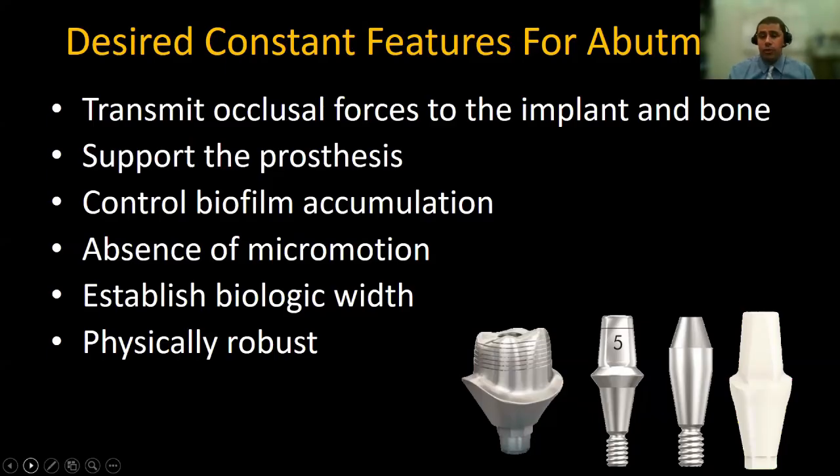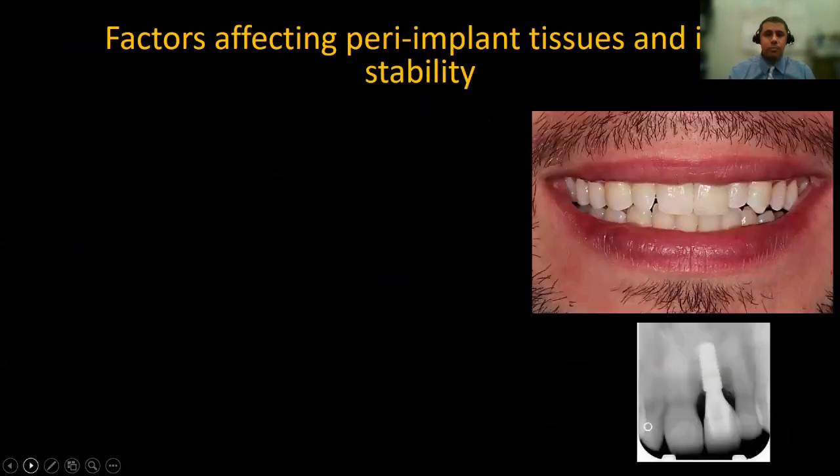It's also very important to have a very stable connection for the dental implant abutment, absence of micromotion, and again, reestablishment of the biological width. The abutment generally should be physically robust, so it can support function and aesthetics, and have pretty much similar anatomic features to what we expect from a tooth preparation supporting a restoration.